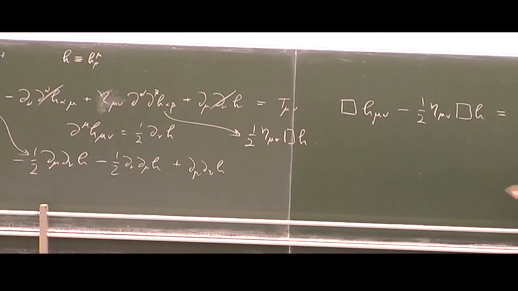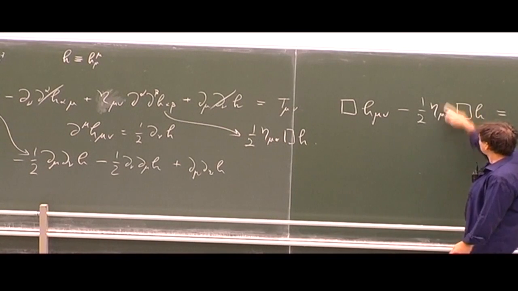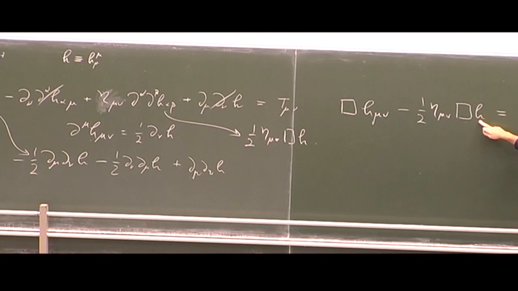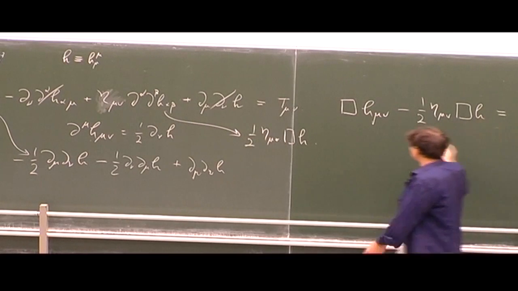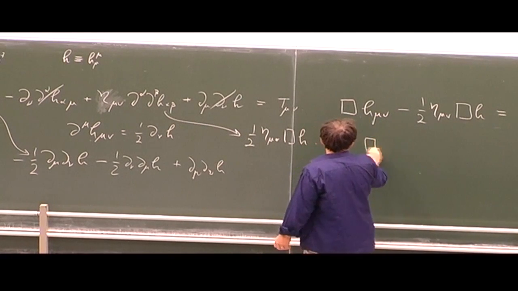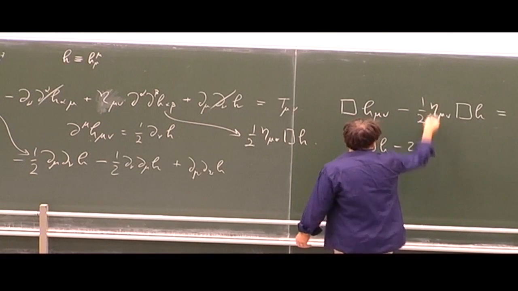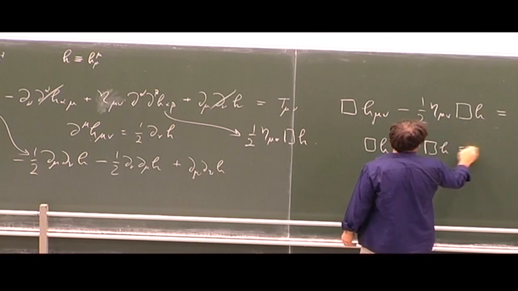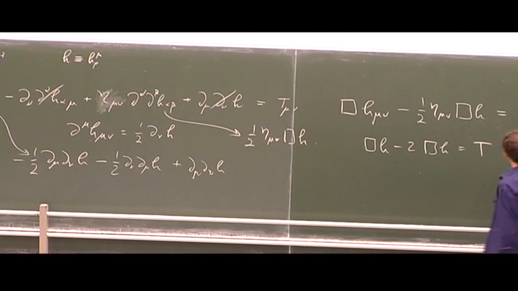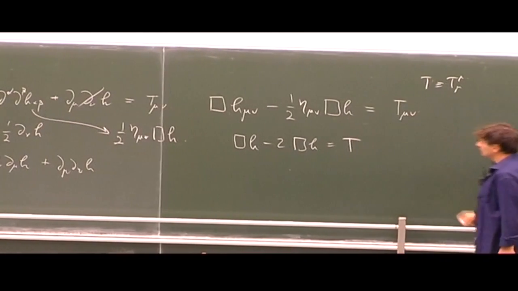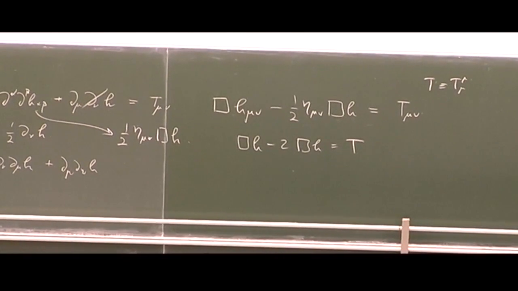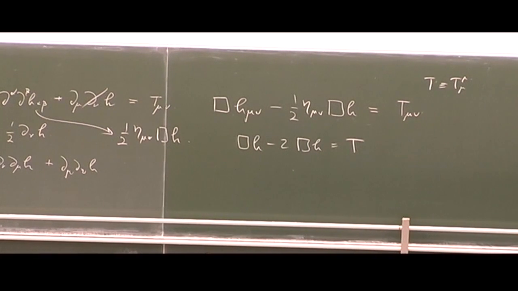Now we can eliminate the trace by taking the trace of this expression. If I take the trace of this expression, I get the trace from here, I get minus 2 trace from there, and this is the trace of T, T being a symmetric tensor T_{mu nu}. For a moment, I don't know what it is.